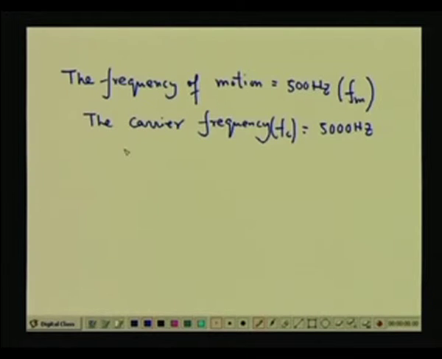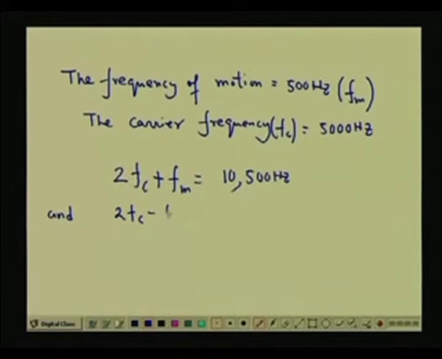After the modulation process, other than the motion frequency, we will get two frequencies. The two frequencies are 2fc plus fm, which becomes 10,500 hertz, and 2fc minus fm, which is 9,500 hertz.